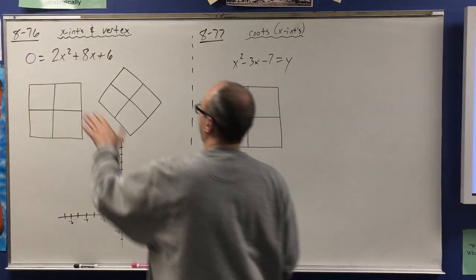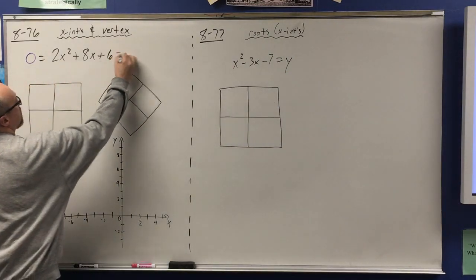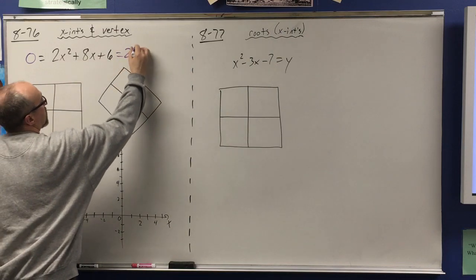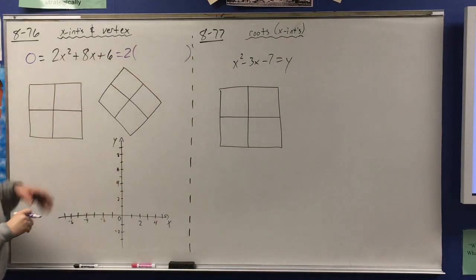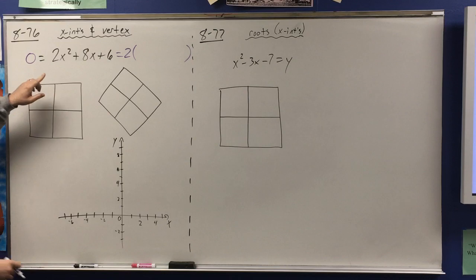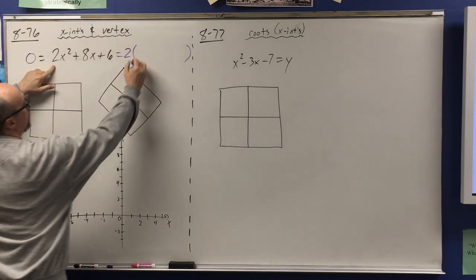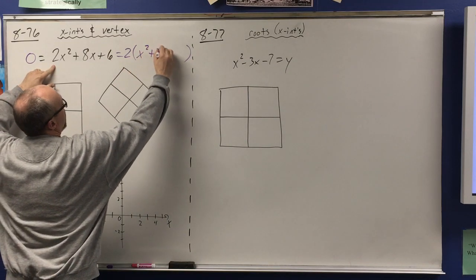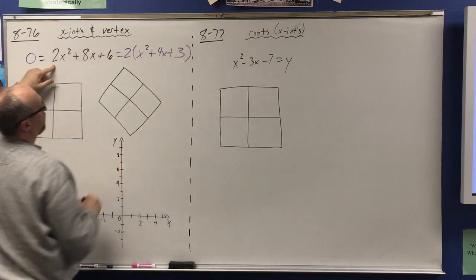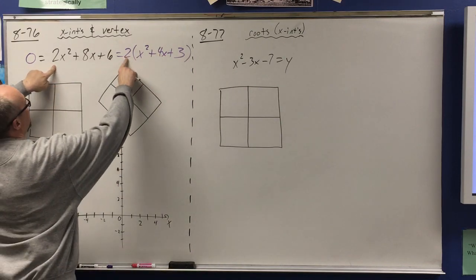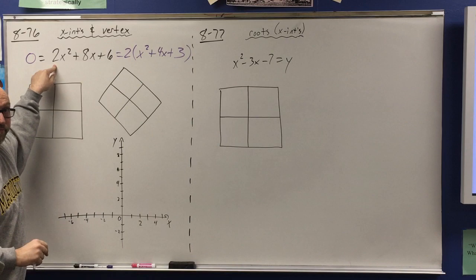In here, I see that everything is divisible by 2. So I do what's called factoring out a 2. In other words, if I take 2 out of here, what's left? Well, this is what's left. I divided everything by 2.